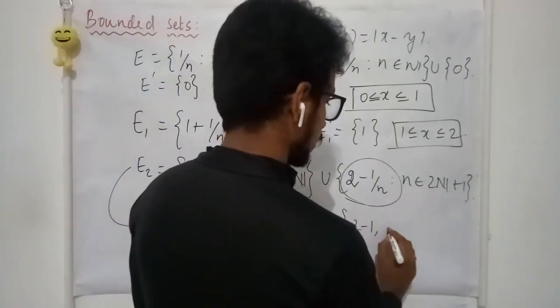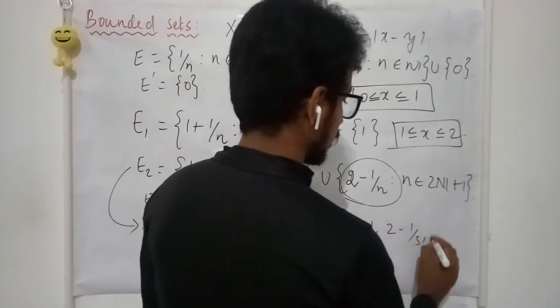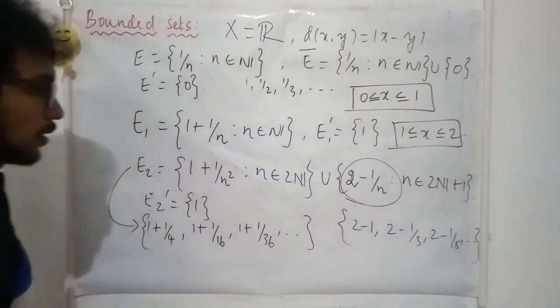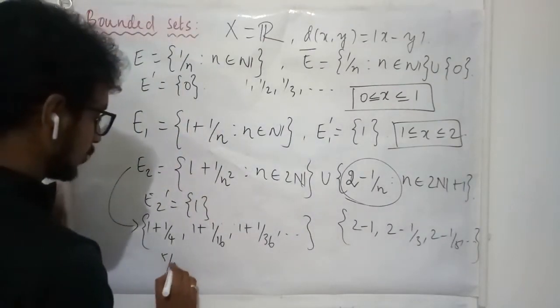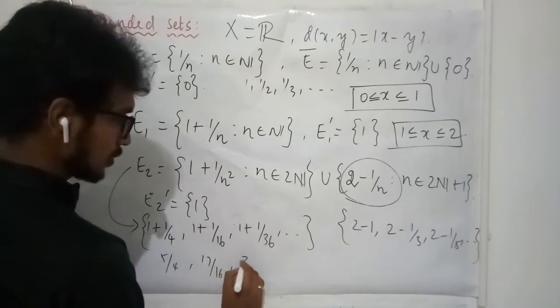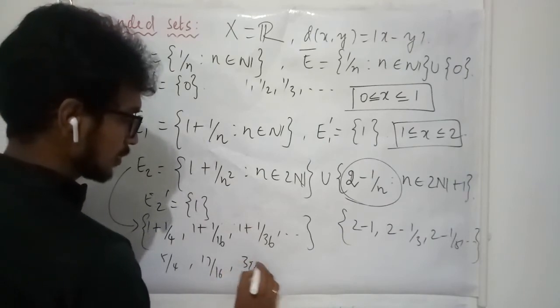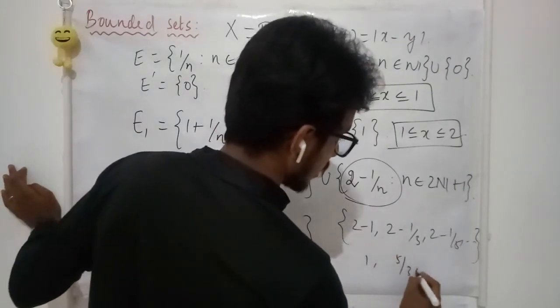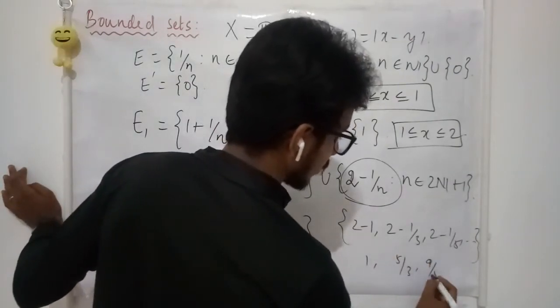So 2 minus 1, 2 minus 1 upon 3, 2 minus 1 upon 5, and it is going this way. So what is this? This is 5 upon 4, this is 17 upon 16, this is 37 upon 36, and it is going this way. This is 1, 5 upon 3, 9 upon 5.